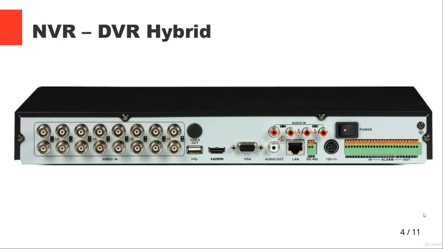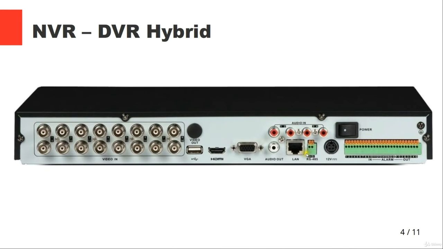Here I have an example of the hybrid. I'm just guessing that's a hybrid, but it will look more or less like that. So you have your HD CCTV inputs. You have your USB. You have a HDMI, VGA, and you have a LAN connection.